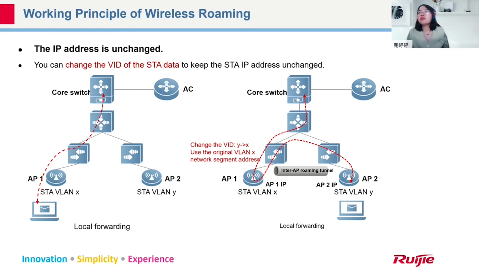So this is the path we will send the message out. In this process, AP1 has a function to change the VLAN ID to make sure the IP address is unchanged. So this is local forwarding.